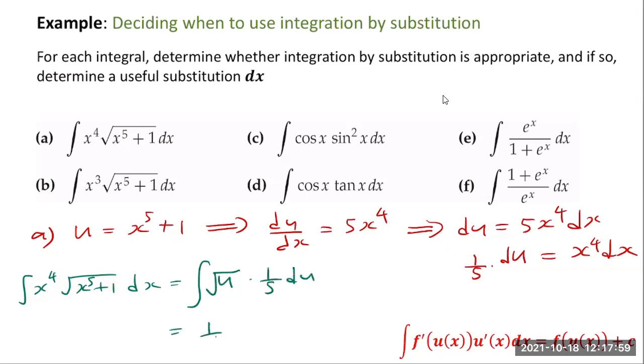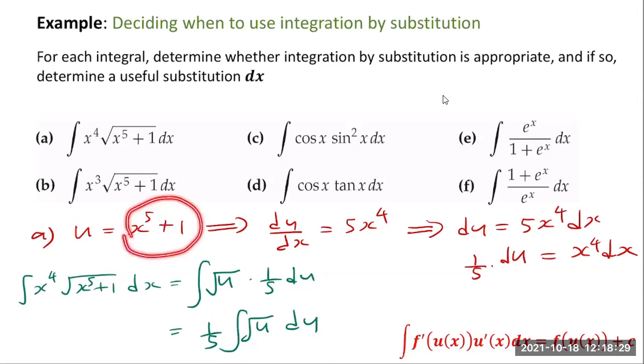If you pull out 1 over 5, indefinite integral of square root of u du. Now you know how to integrate this function. This is a very simple function. You know how to integrate a function like square root of u with respect to u, and then you can integrate this one and back substitute for u. Remember, your u is x to the power 5 plus 1.